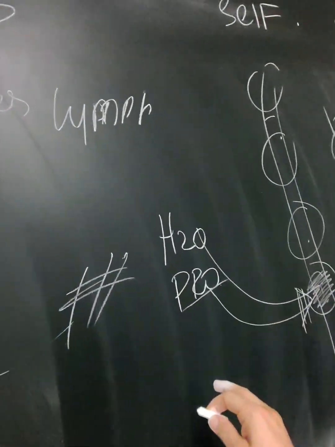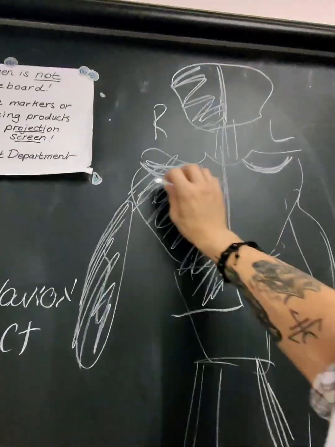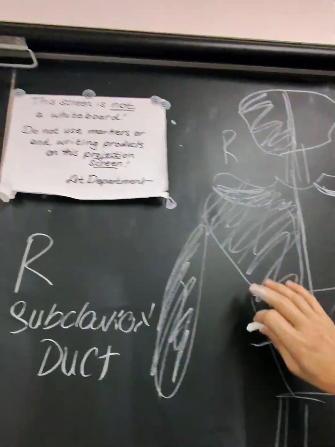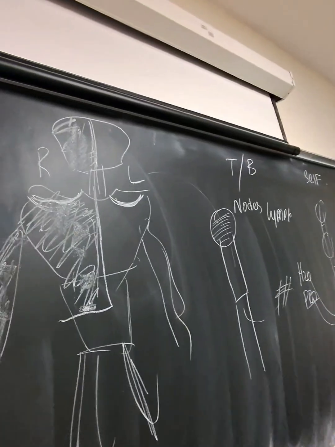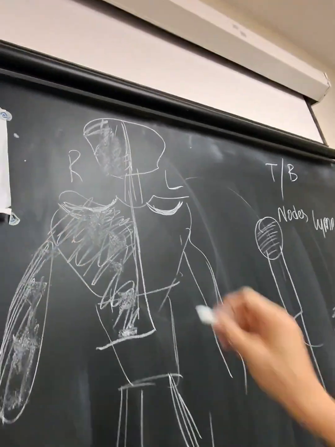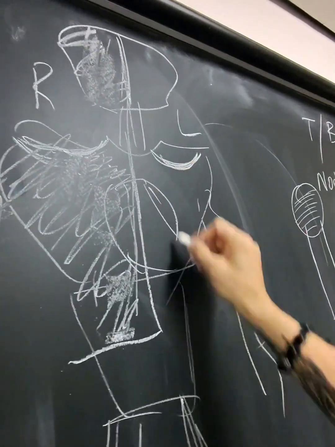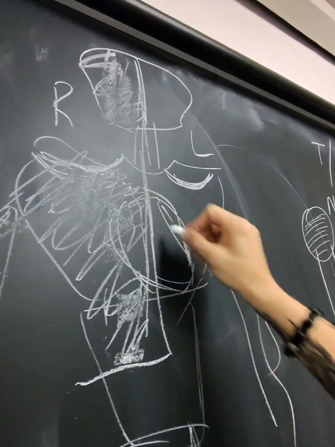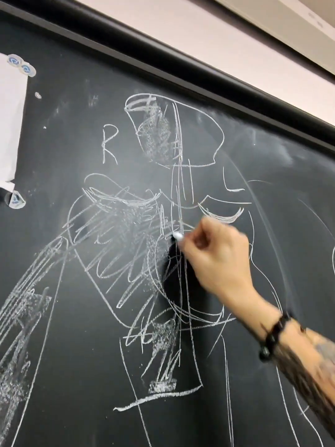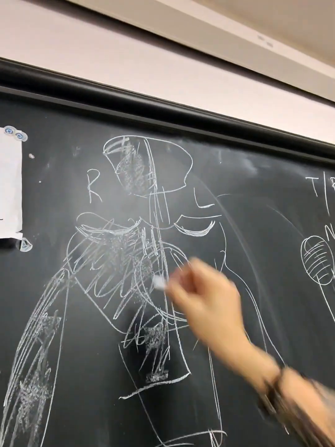Waste, damaged cells, cancer cells that were picked up by the lymphatic system would be returned through the superior vena cava into the heart. Let's say here's the heart, like this. So it would be returned into the superior vena cava.